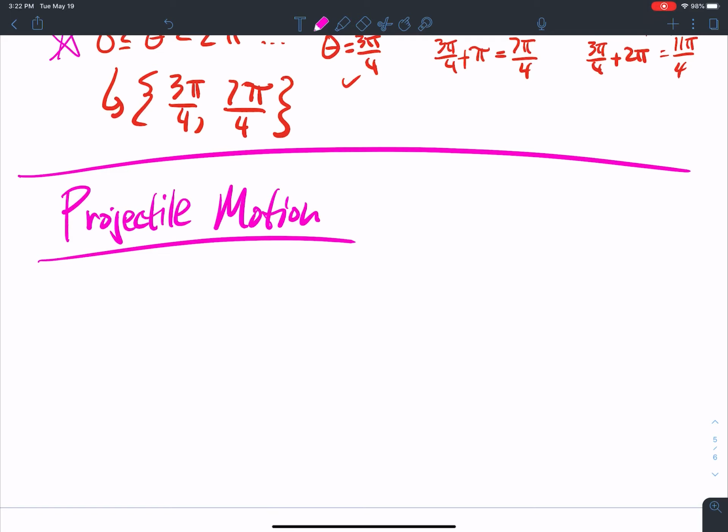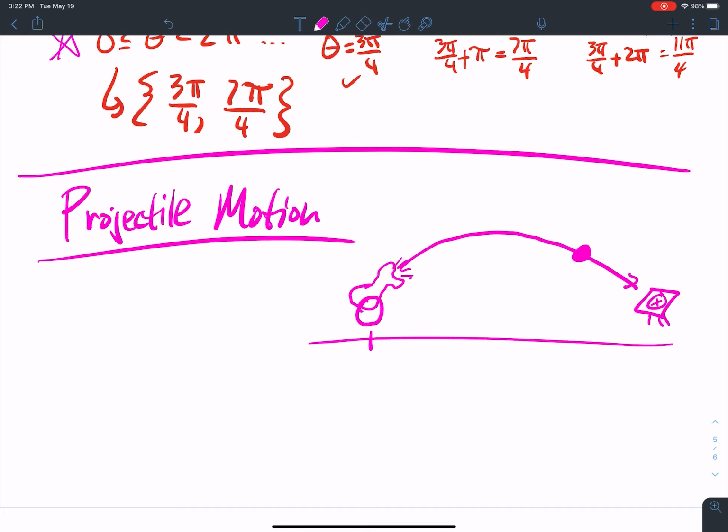This figure, so they've got a little cannon. My cannon is not very good, but you get the picture, right? Pew! And it's going to hit this little target right there. Okay? And so here's a little cannonball. How cute is that, right? Okay. And so this distance here, this is r.